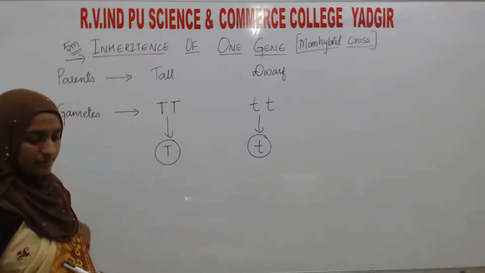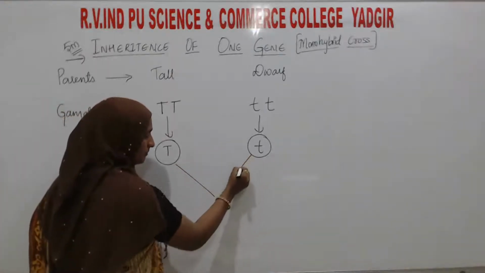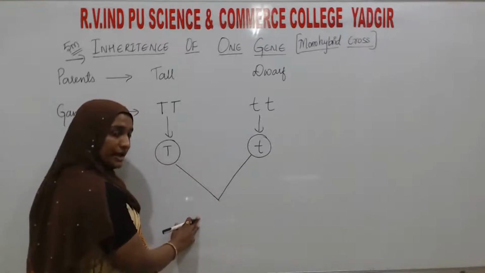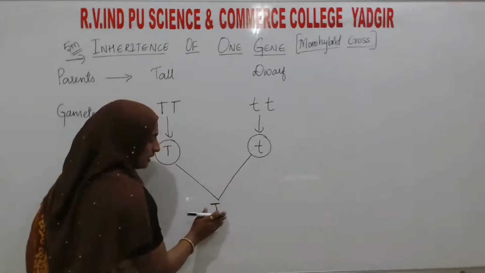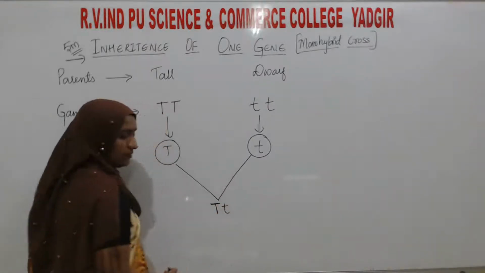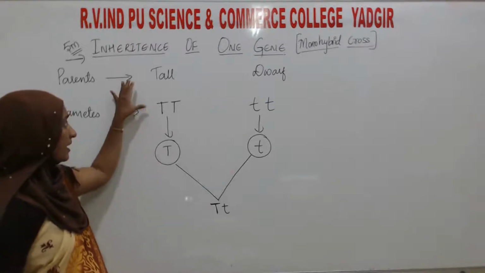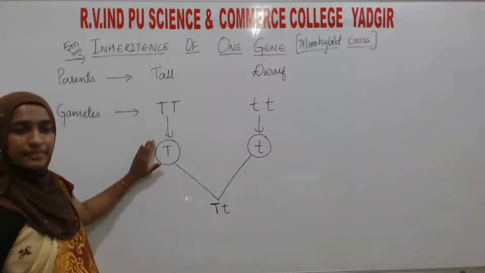Okay, next, if we cross both of them, what will we get? We will get one capital T and one small t. Okay, these are the parents, these are the gametes, these are the genes.